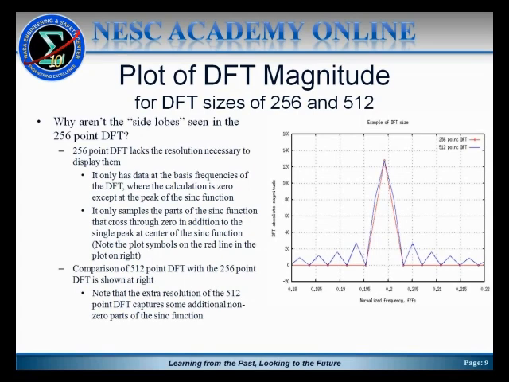If you looked at the 4096 point DFT on the previous slide, it shows what looks more like a continuous curve between those adjacent points. So the 256 point DFT is computing the right data, it just doesn't have high enough resolution to show all the data that's there.